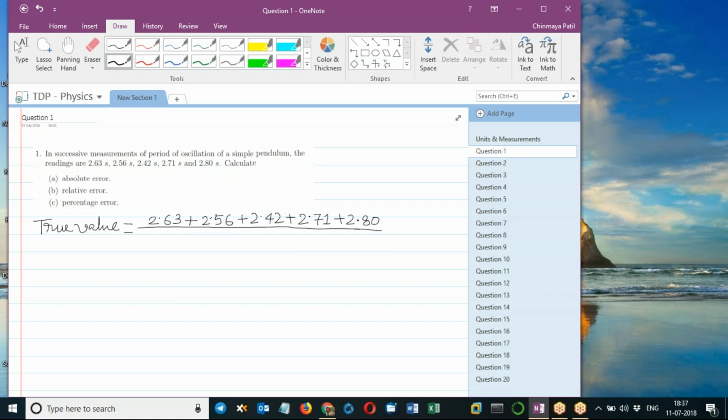If you see, there are 1, 2, 3, 4 and 5. So it should be divided by 5. That is the true value.